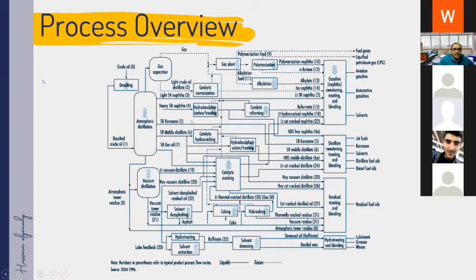Hydrodesulfurization, for example, is used to remove the sulfur compounds from the crude oil. And then catalytic hydrocracking is used to crack the heavier components into smaller components, which are valuable to the refinery and the products.